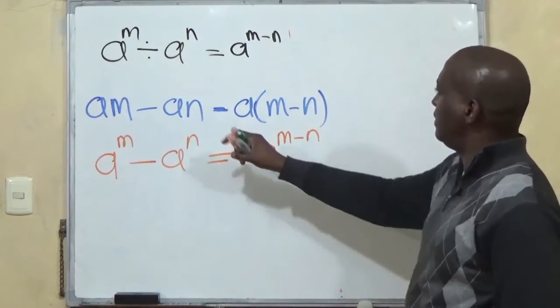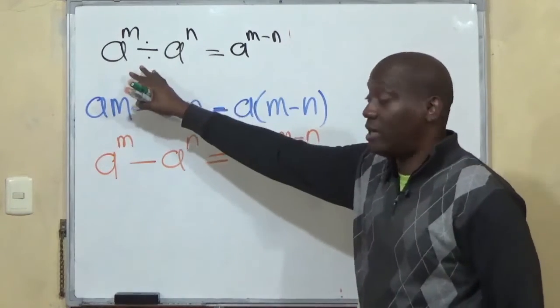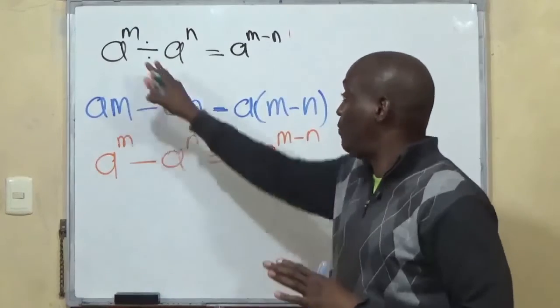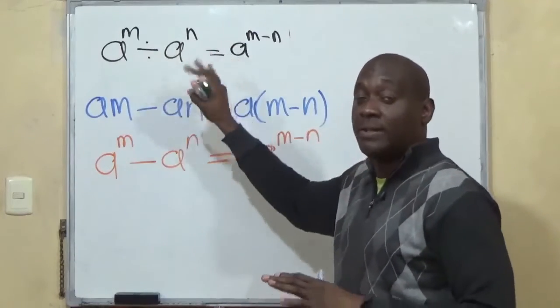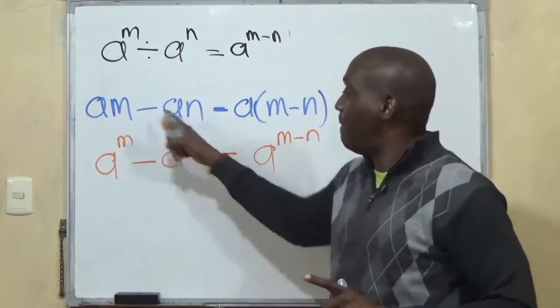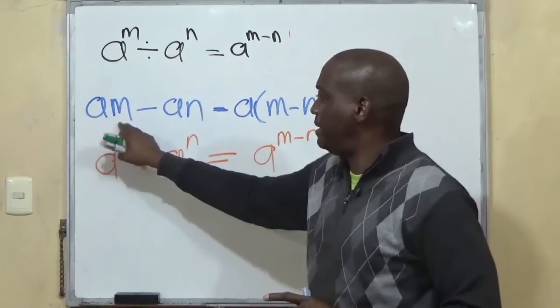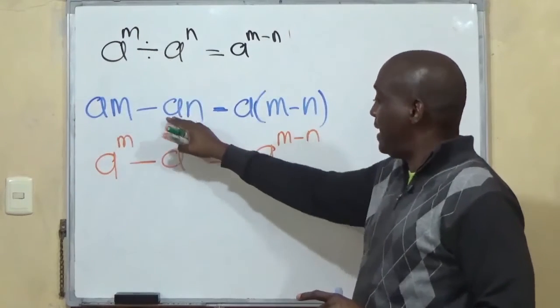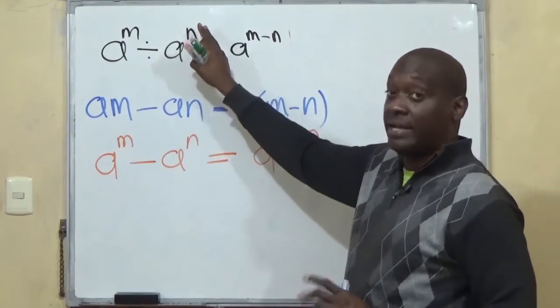And over here, you have the common base. Note the difference between the common base, which is what we do here when we have powers, and the common factor, which is what we have when we multiply. A multiplied by m, a to the power of m. Big difference. A multiplied by n, a to the power of n. Big difference.